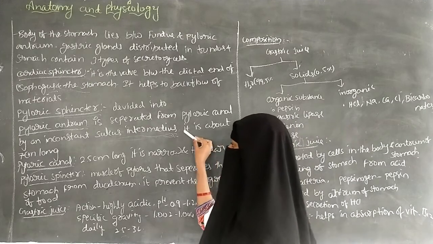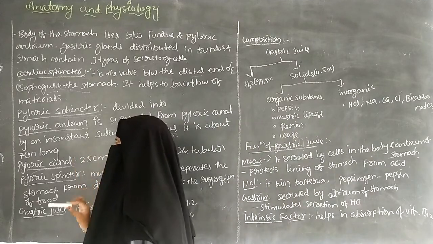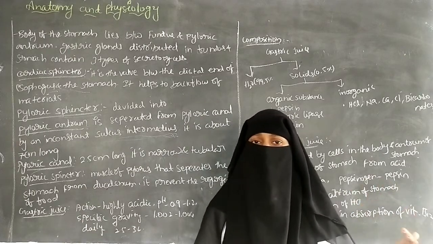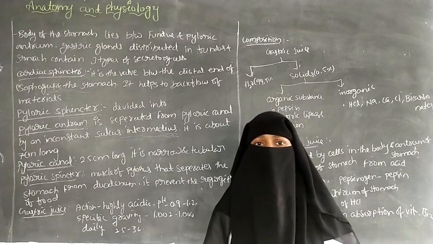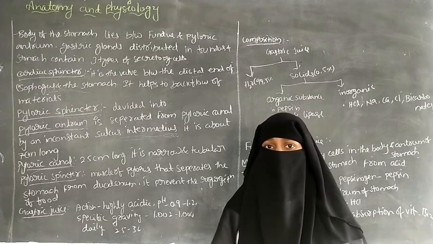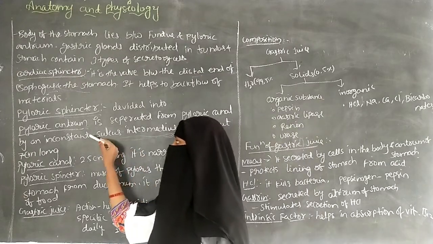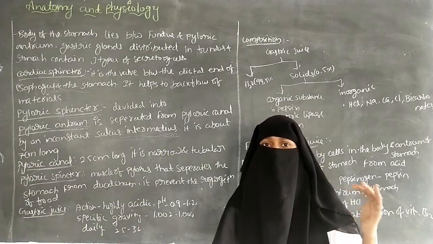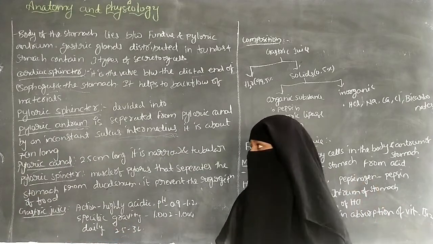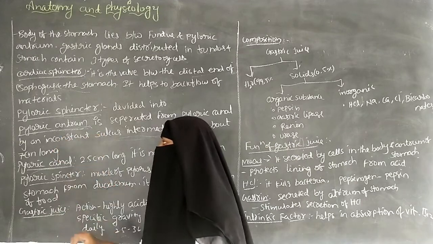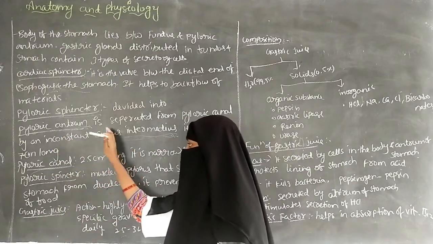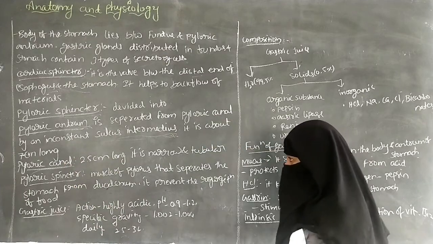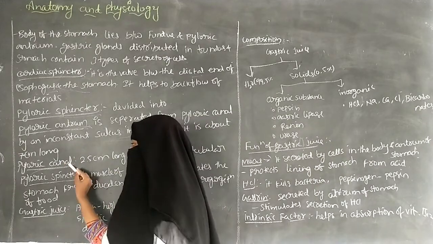The pyloric antrum is about 7 centimeters long. It is situated at the end of the stomach, and the digested food enters from the stomach into the duodenum through it. The next one is the pyloric canal.